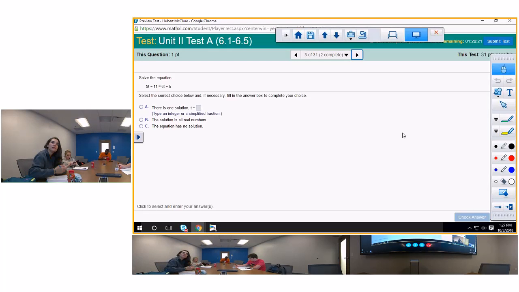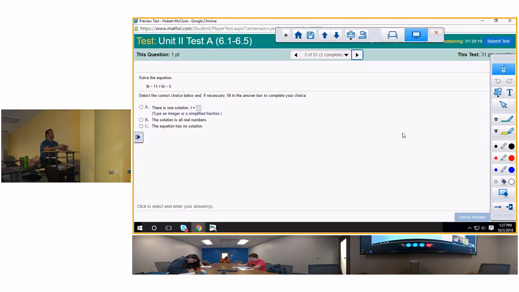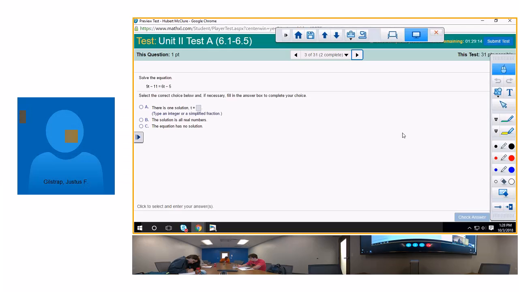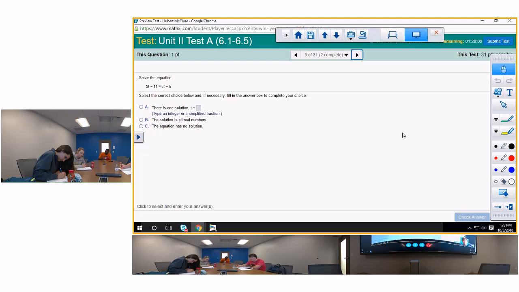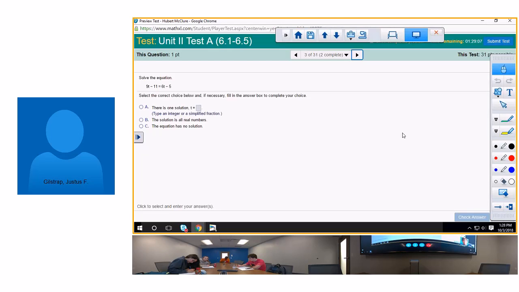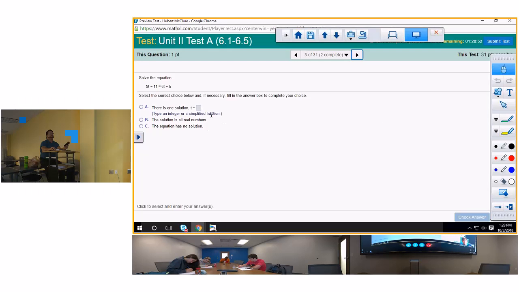Move 6t over. Somebody give me an answer. 3t is equal to 6, so t is 2.